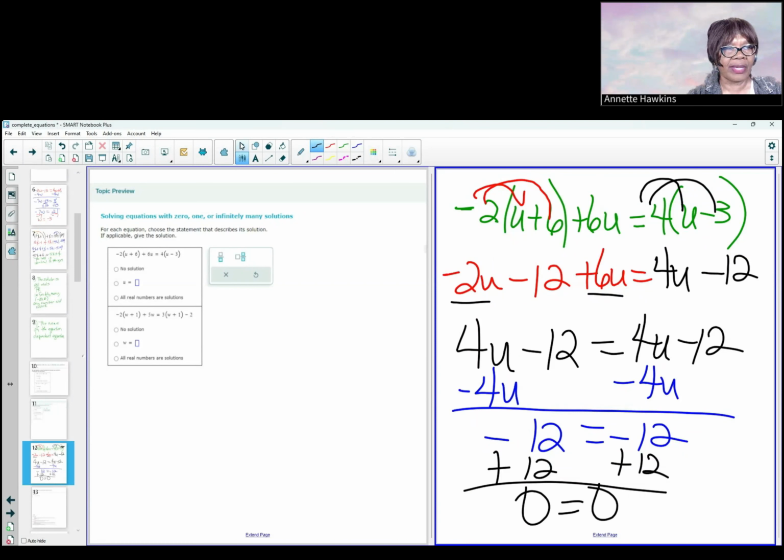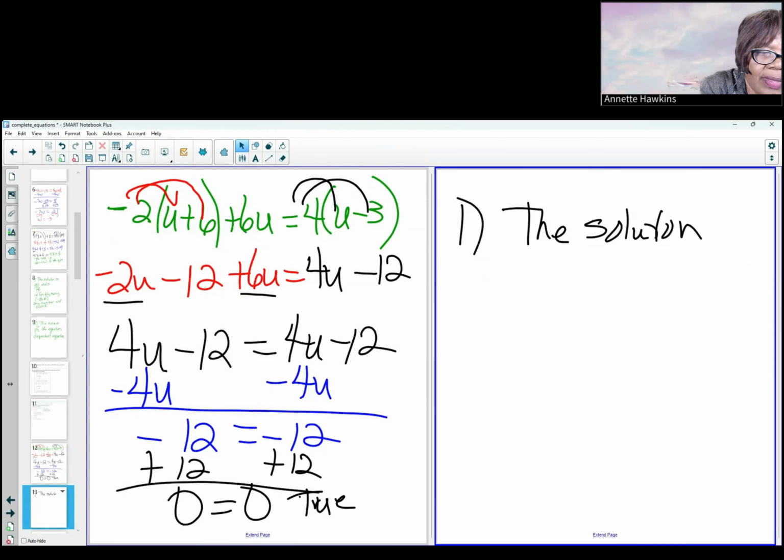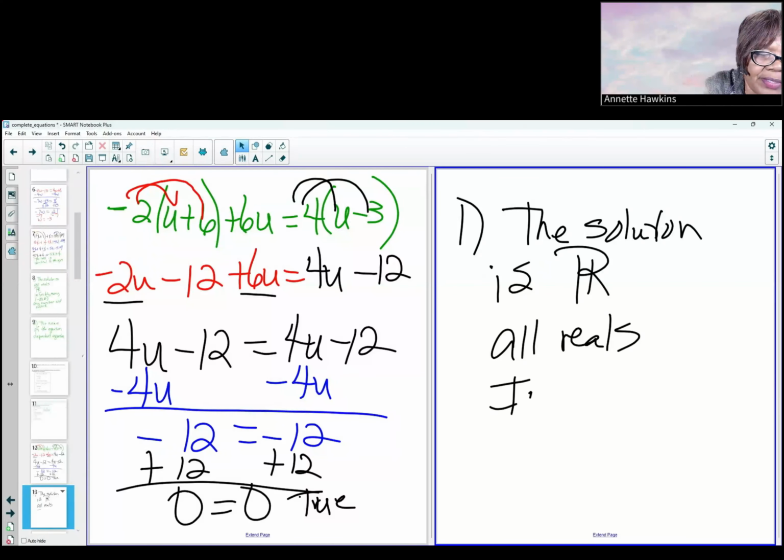When you work your equation down and get a true statement, that lets you know this is true, okay? But they didn't ask you if it was true. They asked you what is the solution, okay? So again, the solution is all reals or infinitely many.